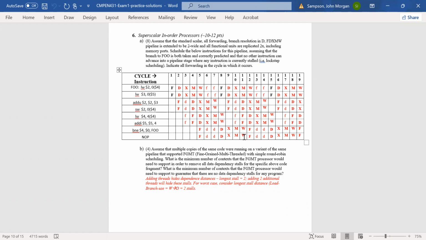I know what the stalls are that it causes. There's no shift in my schedule. Nothing has changed. If I end up in the same state, I'll exhibit exactly the same dependencies turning into hazards again. Okay. And again, you can have a more test-friendly version of this that cuts off at, say, cycle 11.